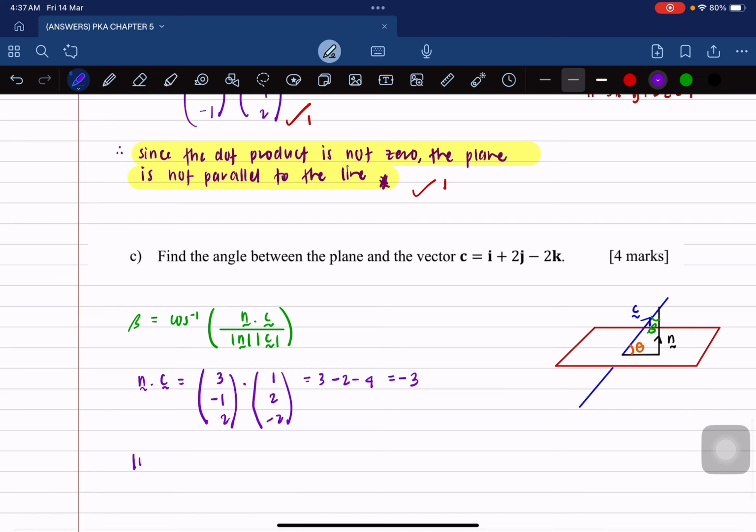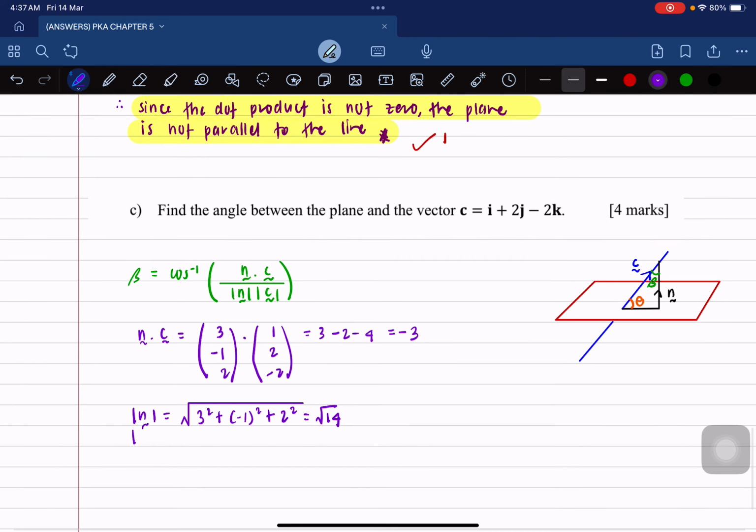For the magnitude of n, we have 3 squared plus negative 1 squared plus 2 squared, so we'll get the square root of 14. For the magnitude of vector c, we have 1 squared plus 2 squared plus negative 2 squared. Don't forget your square root. This will give us square root of 9, which is 3.